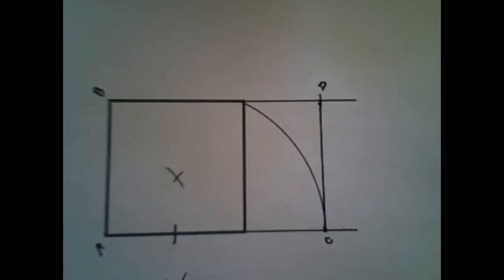And in fact, if you look at this large rectangle, what I have here is a golden rectangle. So this longer side from A to C has a distance that is phi times as long as the distance from A to B.